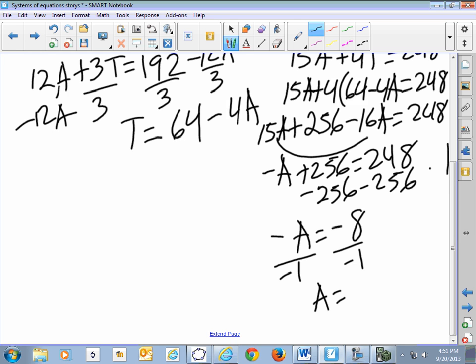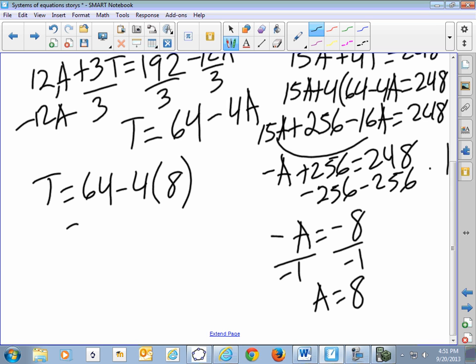A equals 8. So an assignment is worth 8 points. The test is worth 64 minus 4 of those. Four times 8 is 32. So a test is worth 32.